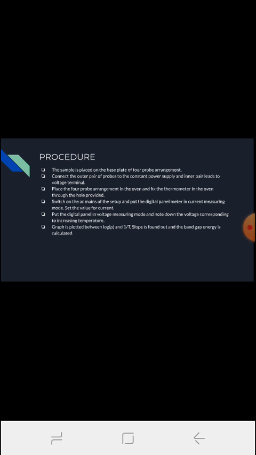If any W by S value is not found in the table, plot a graph between W by S and F of W by S values. From the graph, the values of F of W by S corresponding to any values of W by S can be obtained. So this is the procedure to find the band gap energy using the four probe method.